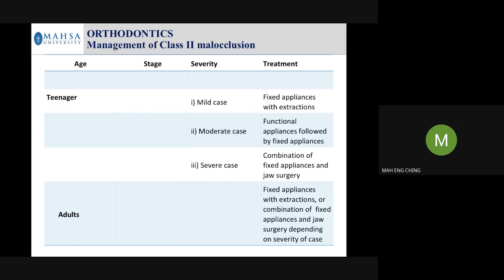Or sometimes for moderate to severe cases, they can start what we call a functional appliance to reduce the severity, bringing the upper incisor backward and reducing the overjet. Then after that, you deal with the fixed braces later. But if you come to a severe case, sometimes even for a teenager, you can't do much. You wait until they become an adult, then you do the jaw surgery later.